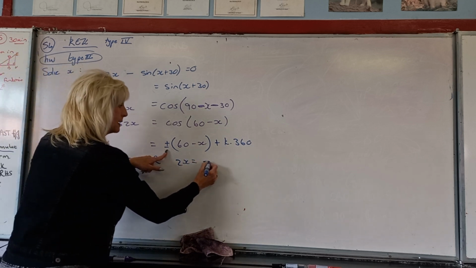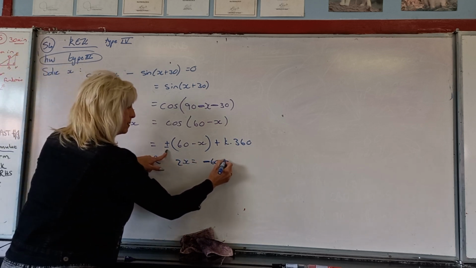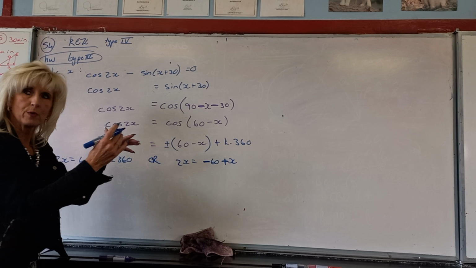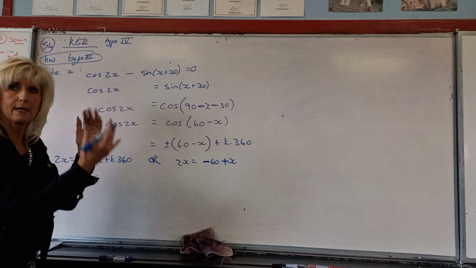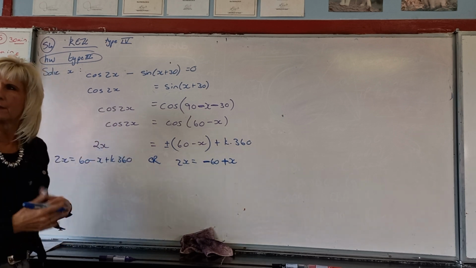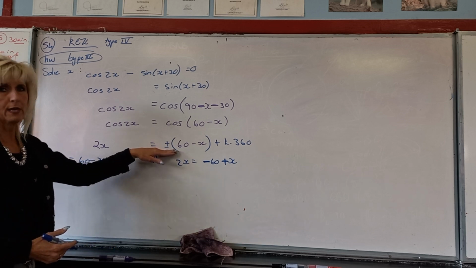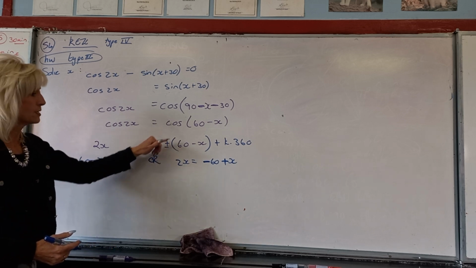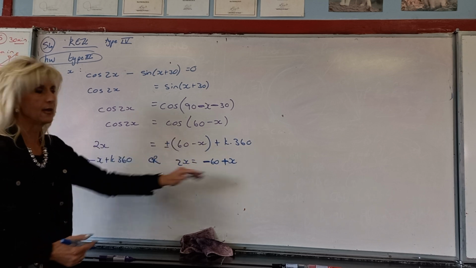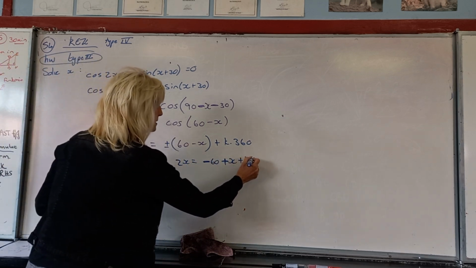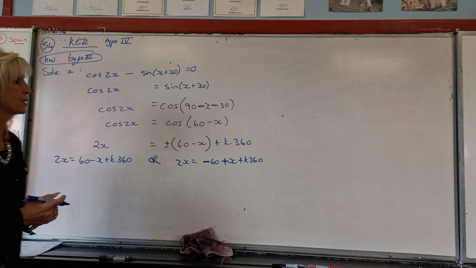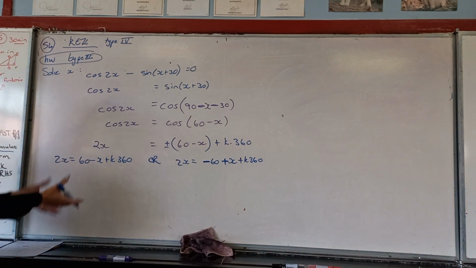By immediately saying negative and plus. If you first want to write the minus with the bracket and then in the second step do this, it's fine. But you're trying to save time wherever you can. So I'm already applying the minus in, so it's minus 60 and plus x. Still plus the k360.